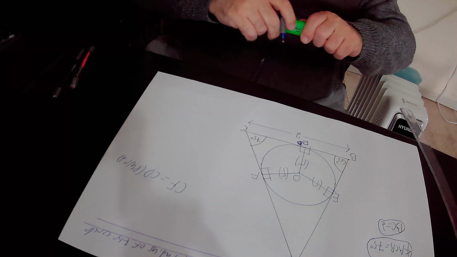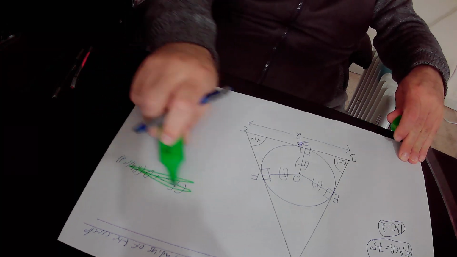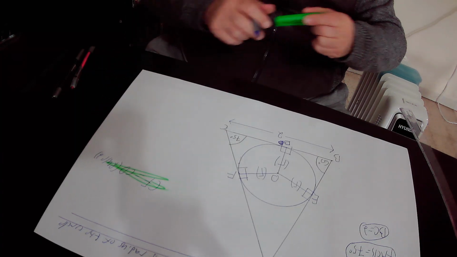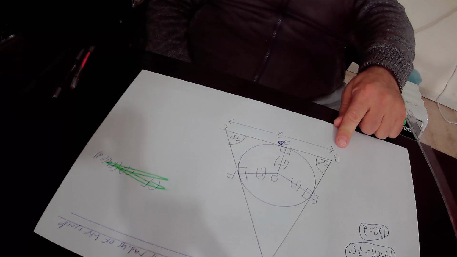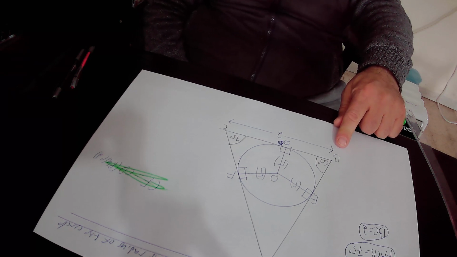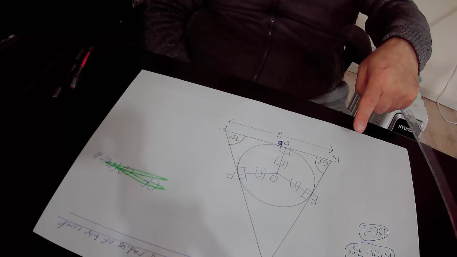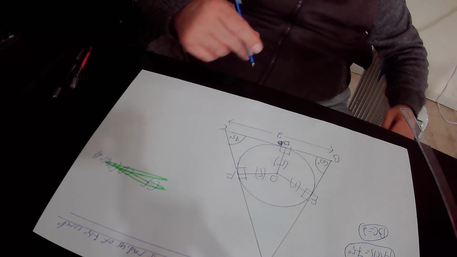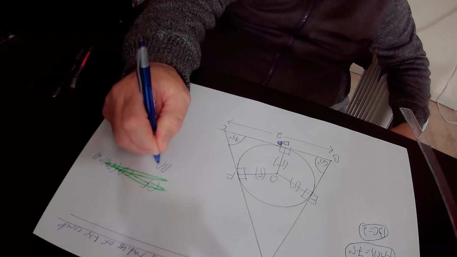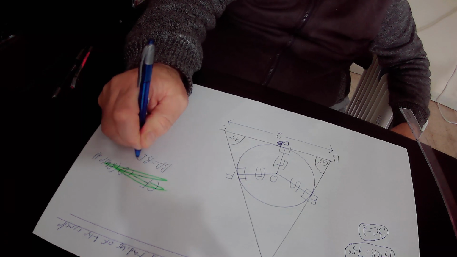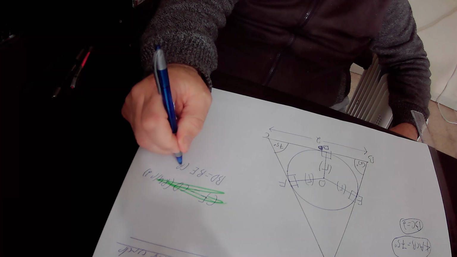Likewise, we focus on the common external point, point B. From point B, we have two tangents to the circle, tangent BD and tangent BE. According to rule number 2, they are equal to each other. That is to say, BD equals BE, according to the same rule, rule number 2.